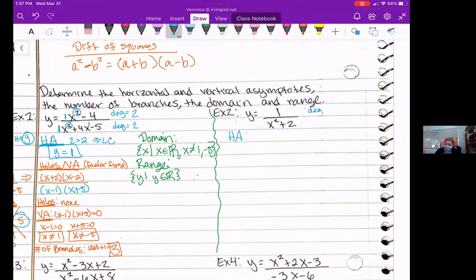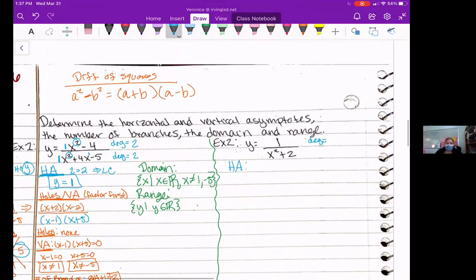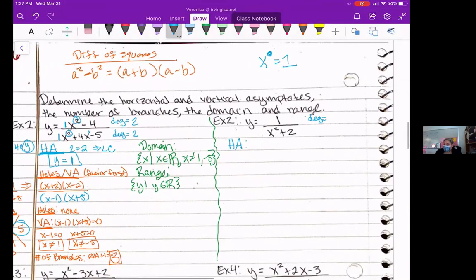So in my numerator, what would be the degree of the polynomial? If you remember laws of exponents, x to the power of 0 is always equal to 1, right? So the degree of the polynomial in the top is 0 because there's no variables.